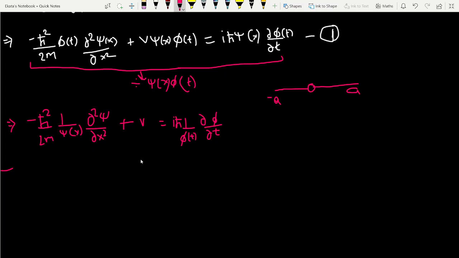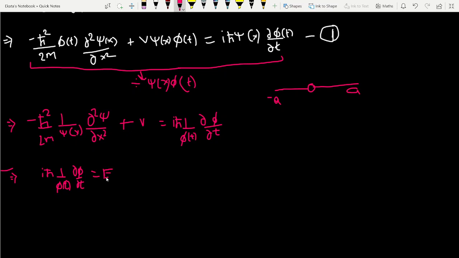It means what we can now say is that iota h cut 1 over phi of t, times del phi divided by del t, can be written as equal to the energy of that particular particle, because this is the total energy, and we can equate it like this.